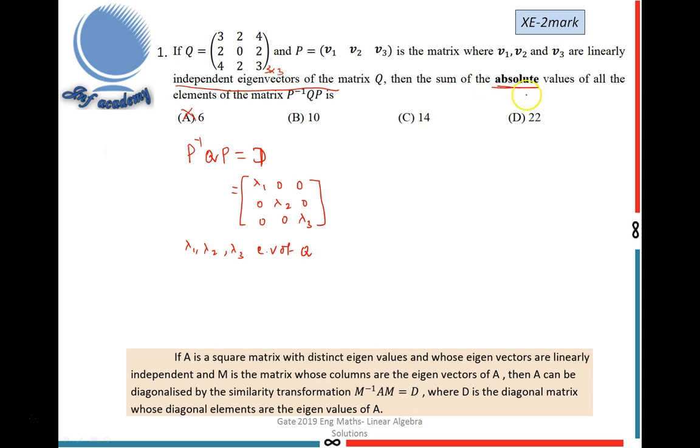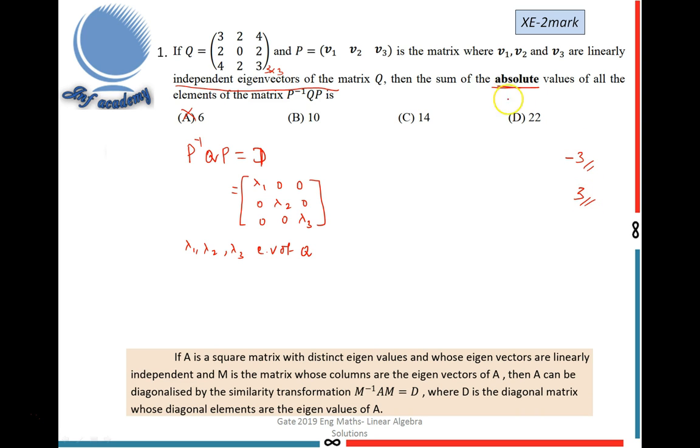The sum of the absolute values of a matrix differs from the sum of all the elements of the matrix. Because suppose one of the eigenvalues is negative, say minus 3, you have to take the absolute value of minus 3, which is 3 only. Then only can you add 3 plus the other two eigenvalues.